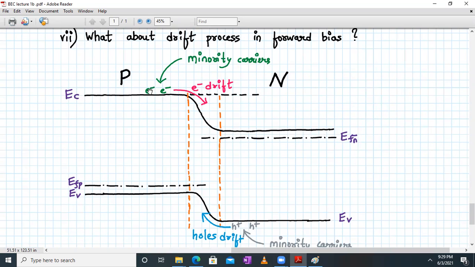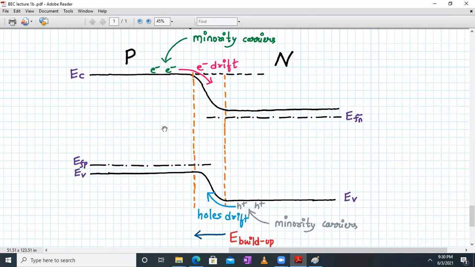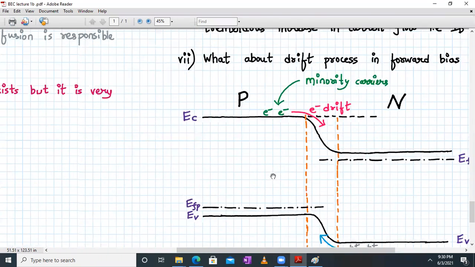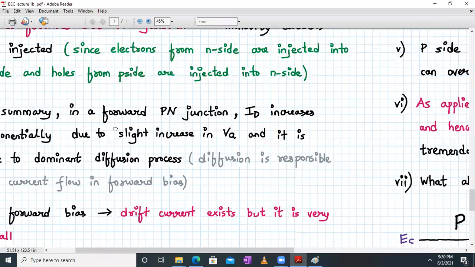But the possibility of drift process is extremely small. Why? Because drift current is very, very small, since there are not many minority carriers available in the P region and in the N region. So the contribution to current is only due to the diffusion process.